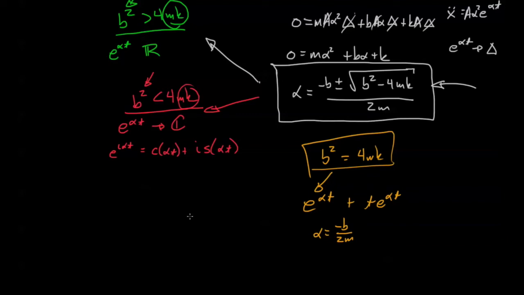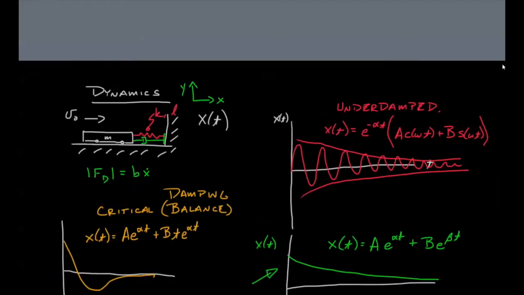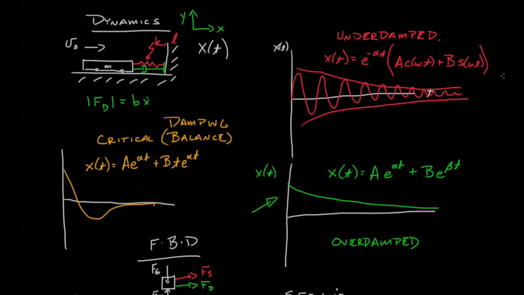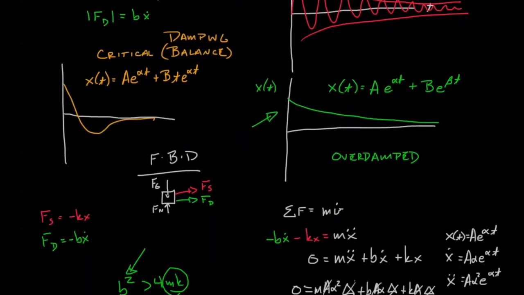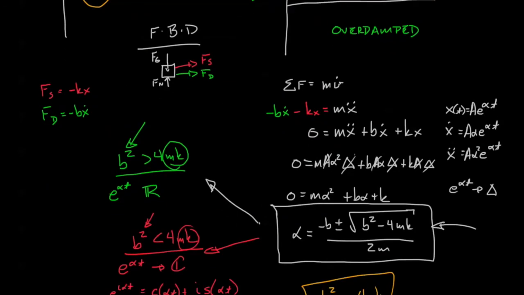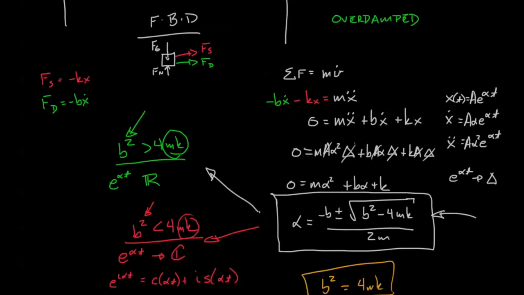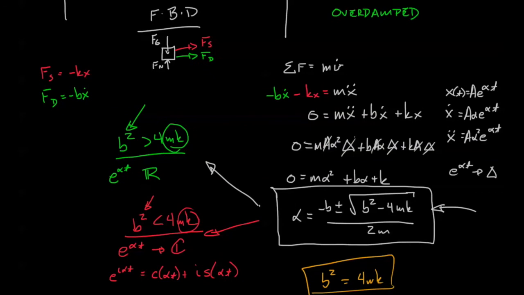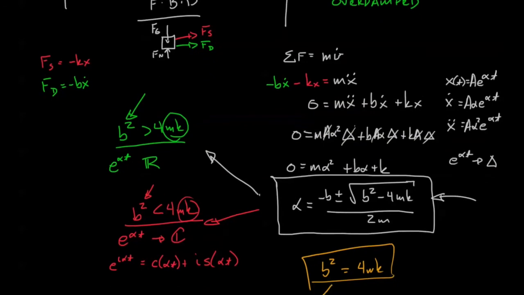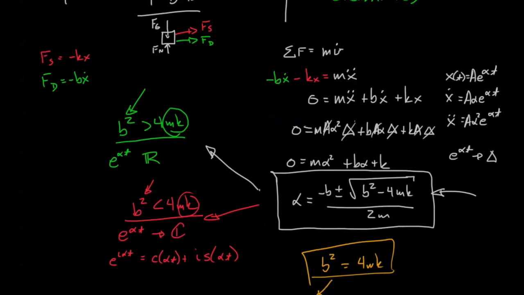So in summary, by introducing damping, we can create a more realistic model. And moreover, we can intuit our way to what some of these graphs might look like. When we finally use our mathematics, our exponentials with our free body diagram and our equations of motion, we come up with a very interesting and somewhat peculiar mathematical situation when we solve for our quadratic.